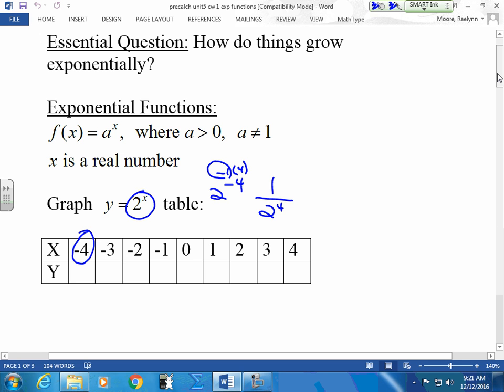This negative 1 flips this over, it takes the reciprocal, and then your exponent stays positive. And yet that's going to be a small number. We don't get any negative numbers when you use a negative exponent. It's going to stay a positive number. So if you put this in your calculator, these are the numbers you get.